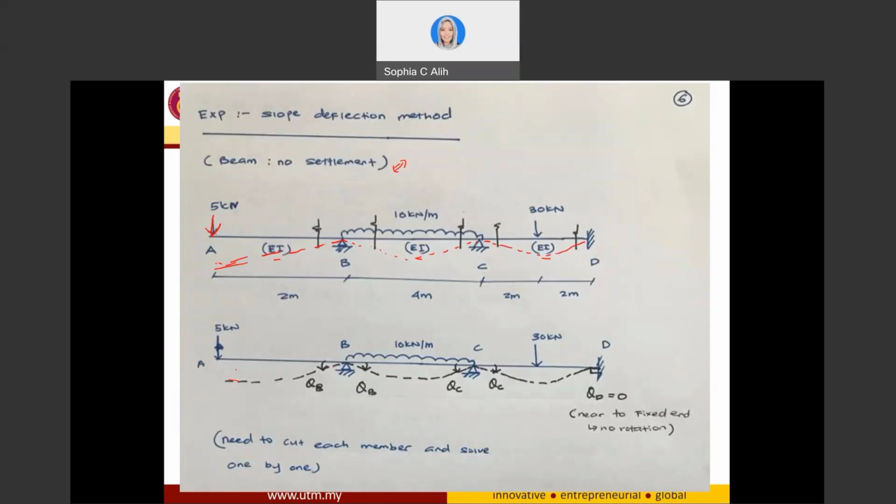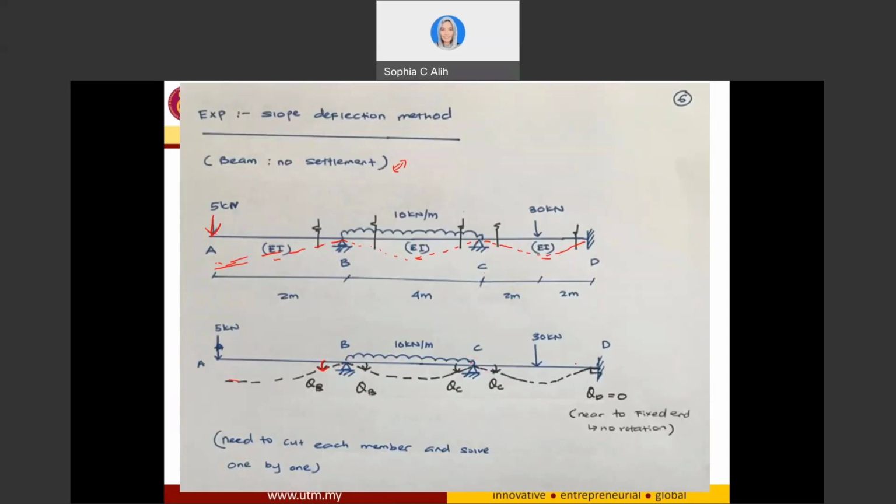So for the span AB, since the deflection is following this line, my theta B, the angle of rotation, is going to be counterclockwise. And about span BC, I need to determine what theta B is for span BC. Remember, you have two theta B here. One theta B is for span BA and another theta B is for span BC.